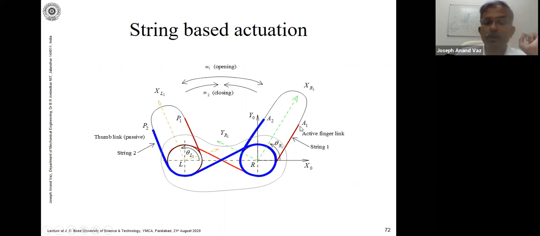Now when you close this, the blue string goes into relaxation. The red string goes into tension and it pulls. So it gets wound on this, and subsequently you find that this finger closes. When you are opening this, it's the red string which goes into relaxation and the blue string goes into tension.